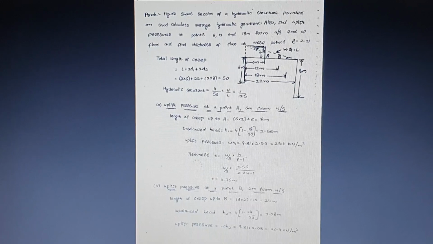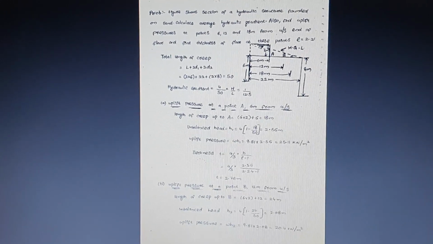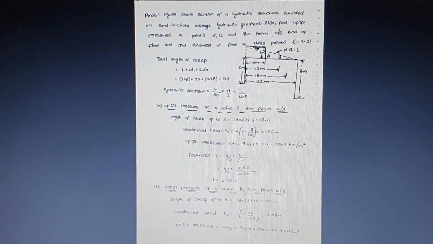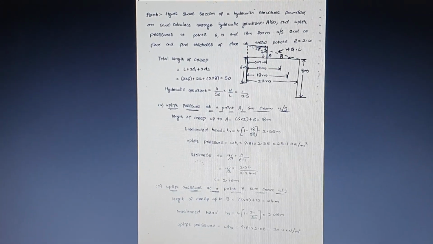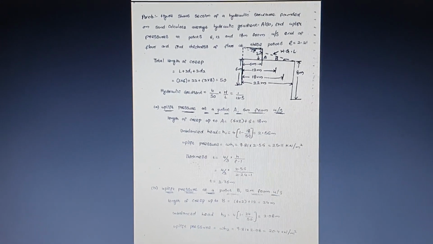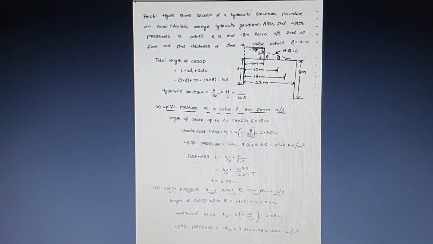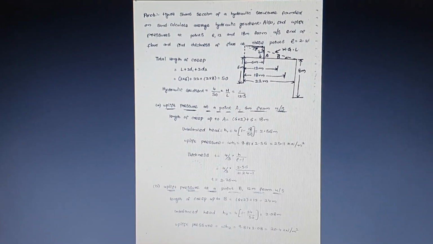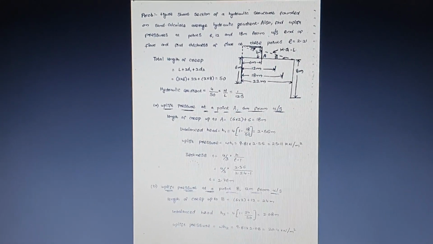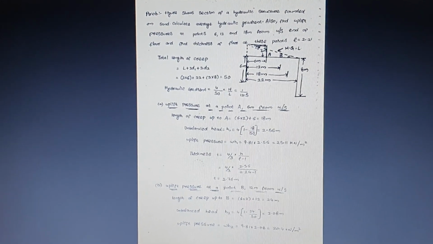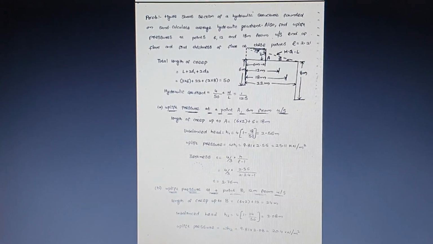So he has given various distances and is asking us to find the uplift pressure or the thickness to be provided at those particular points. First, we need to calculate the total length of the creep. The formula is total length plus 2d1 plus 2d2. Here d1 is 6, L is 22 and d2 is 8 meters.